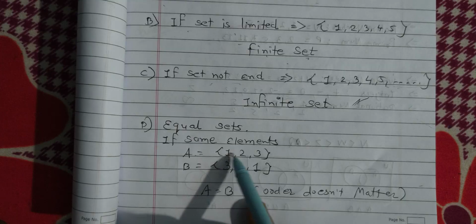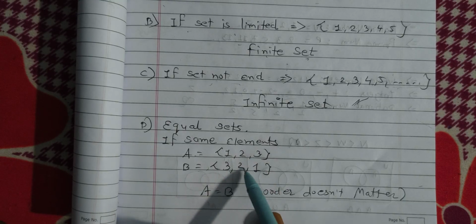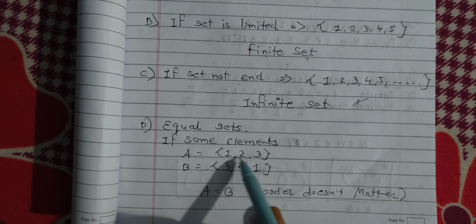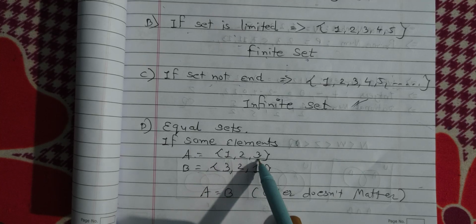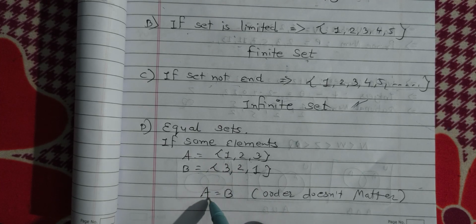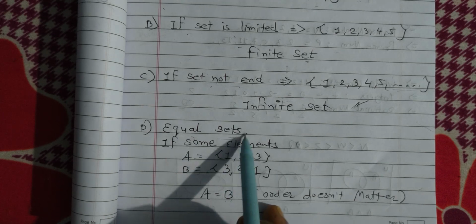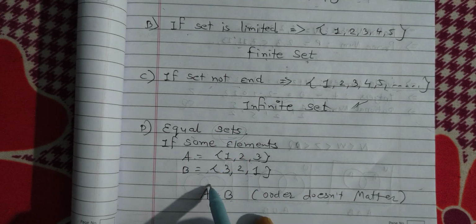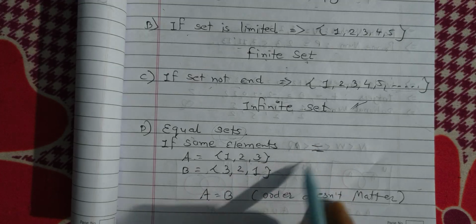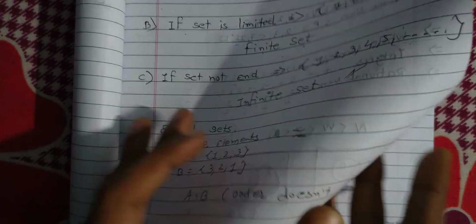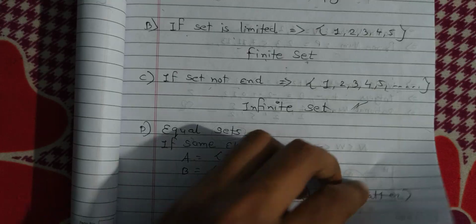Like A has 1 2 3, then B has 3 2 1. It's not in the correct order but all the elements are the same, right? So we can say that A equals B. Order doesn't matter. This is the symbol of this. A equals B means elements are the same.